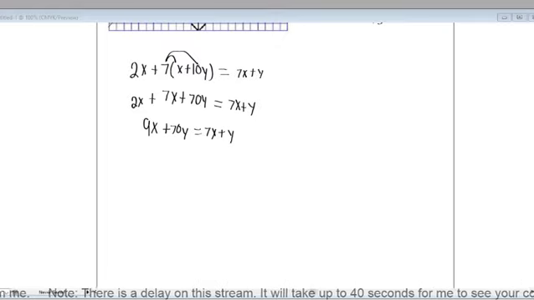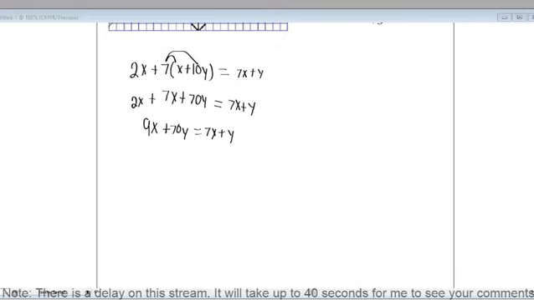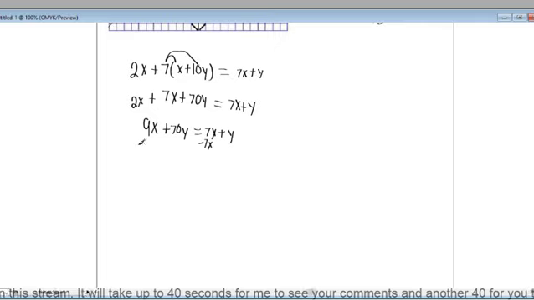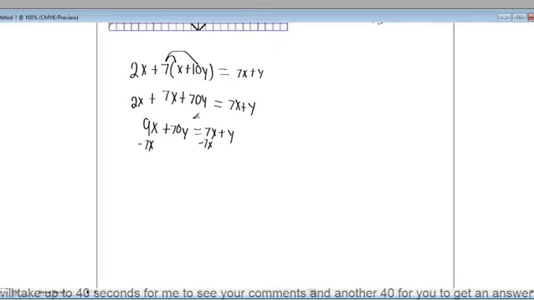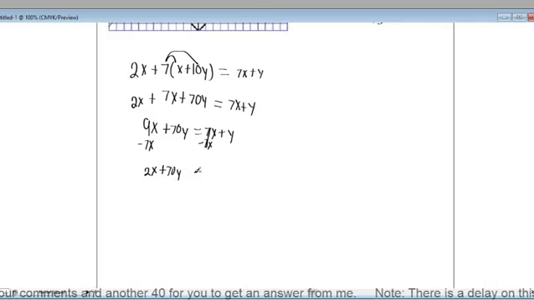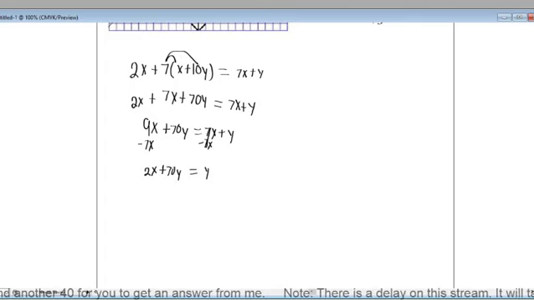So I'm going to need to bring this 7x over here with the other x's. So subtract 7x. Subtract 7x. So that'll cancel here, and then leave me with 2x. And so now we have 2x plus 70y equals y.